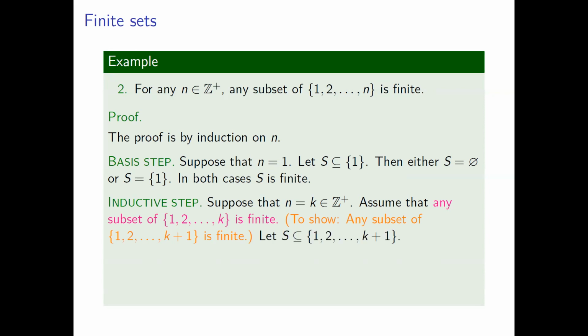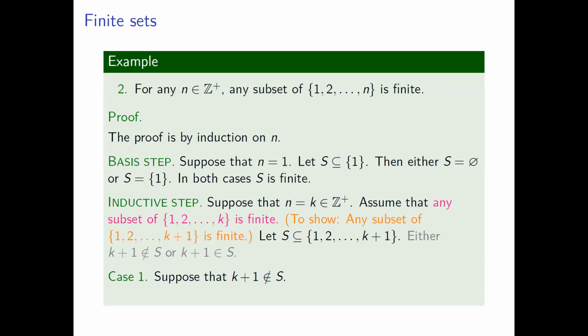Indeed, let S be a subset of the set of integers from 1 to k plus 1. Then, either k plus 1 is an element of S, or k plus 1 is not an element of S. We consider each of these cases separately.